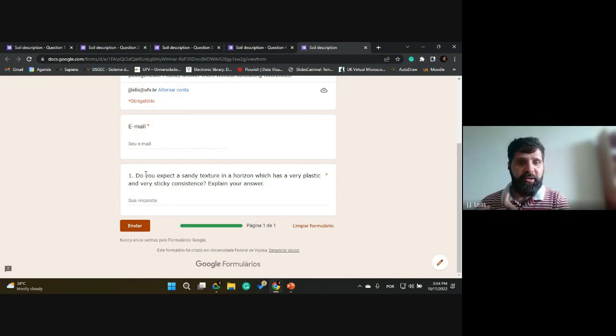In opposition, clay particles present a high specific surface and could present this kind of consistency. They could be very plastic and very sticky, especially the high activity clays, because they present the highest specific surfaces among all the clays. So we don't expect that a horizon which has a very plastic and very sticky consistency presents a sand texture, but in opposition presents a clay texture.